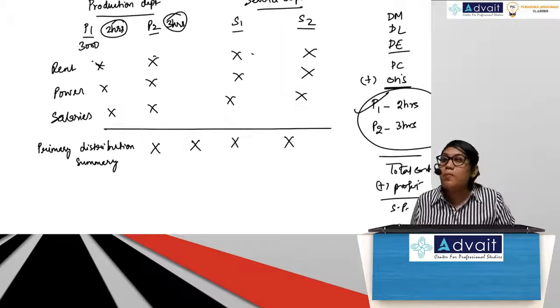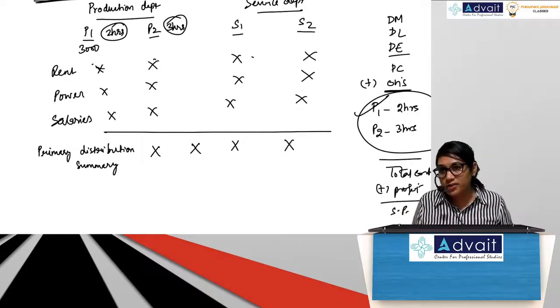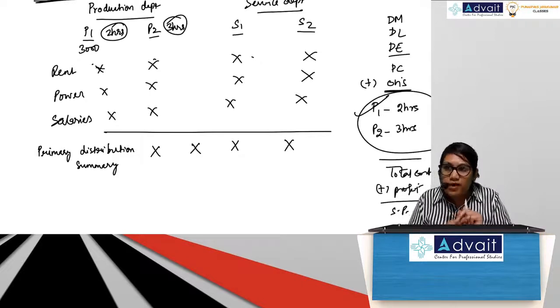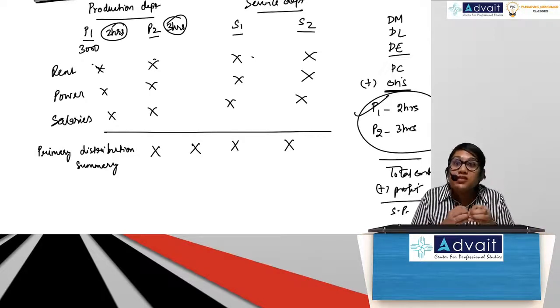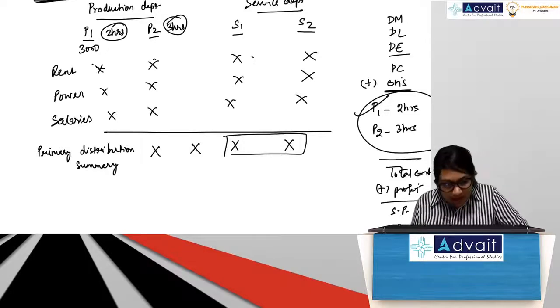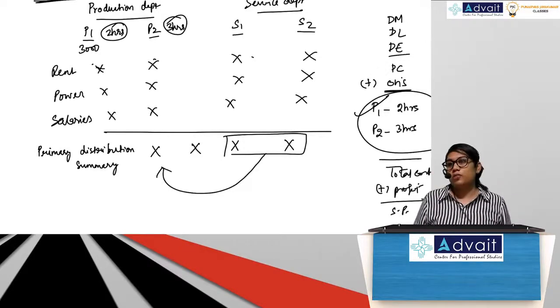What do you mean by reapportionment of overheads? Guys, reapportionment means, now you know that the benches are not passing through S1 and S2. Benches are only passing through P1 and P2. So now the service departments, whatever overheads are accumulated here, they will give that to the production departments. Why? Because the product is not passing through S1 and S2.